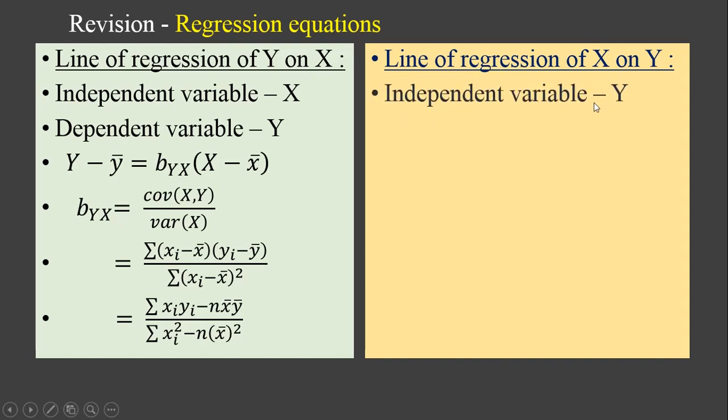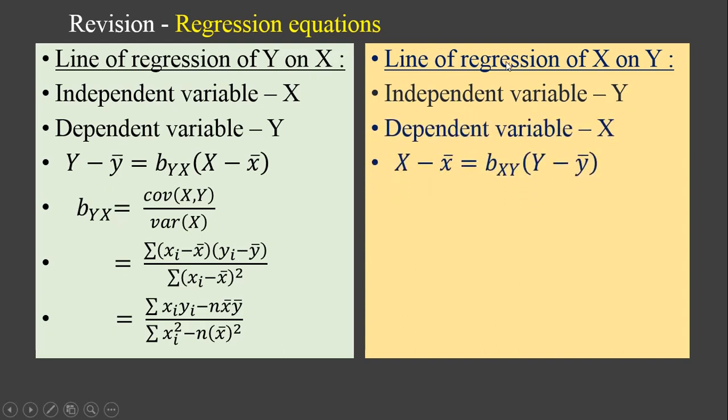We write this regression equation of x on y as x minus x bar is equal to bxy into bracket y minus y bar. It is used for prediction of x. If we know x bar, y bar and bxy, we can write this equation.